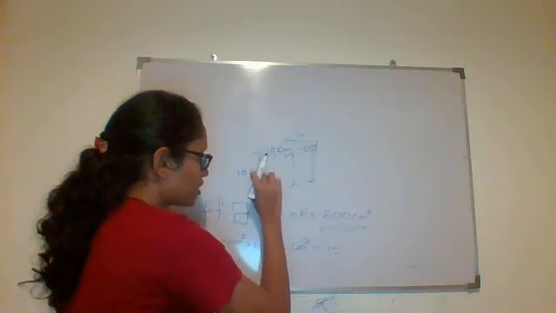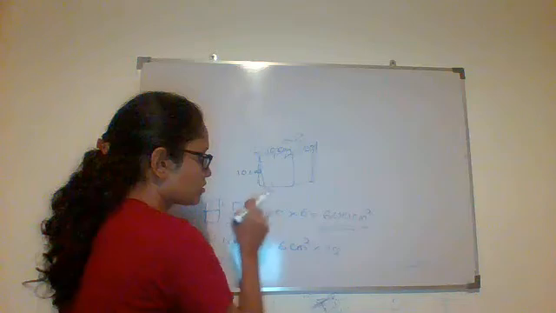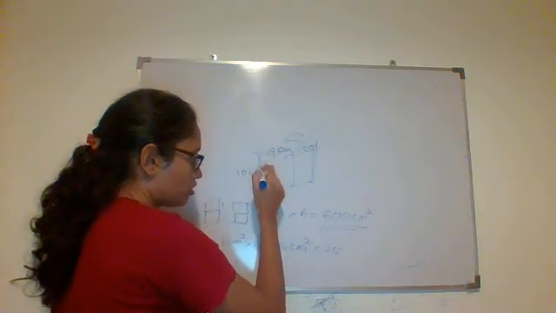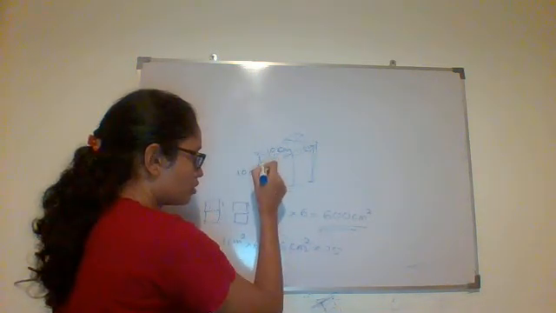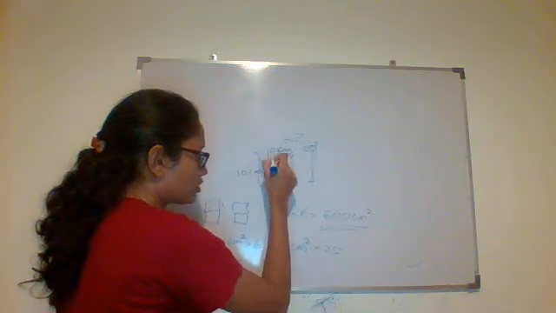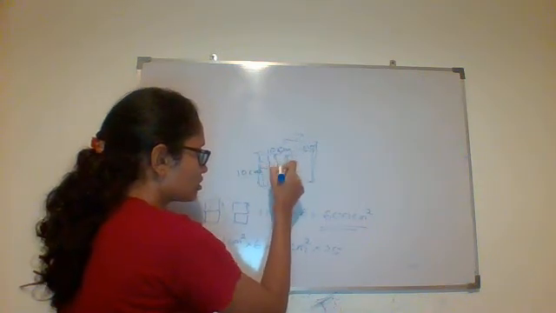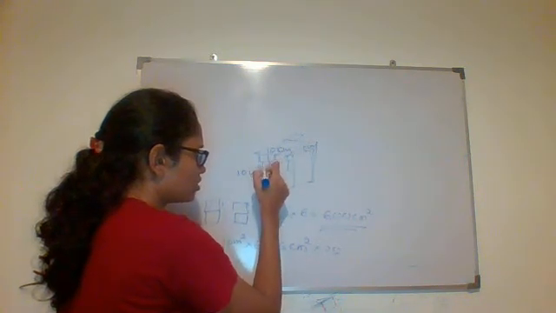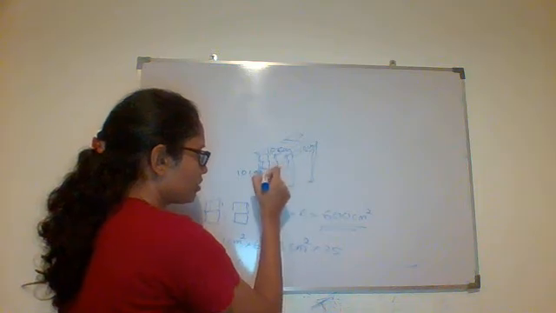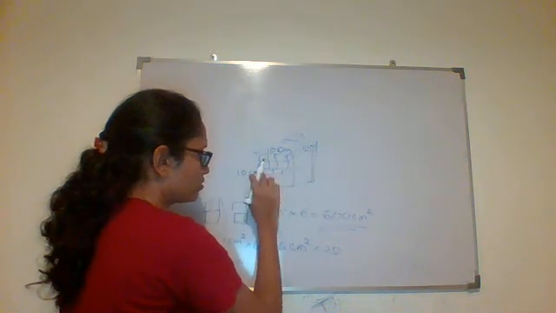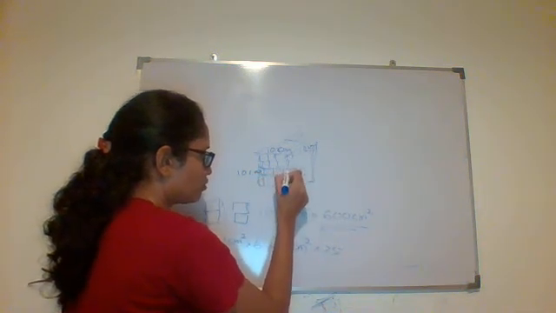Likewise, how many layers are there? This layer is gone, and there are another 4 layers: 1, 2, 3, 4, 5.